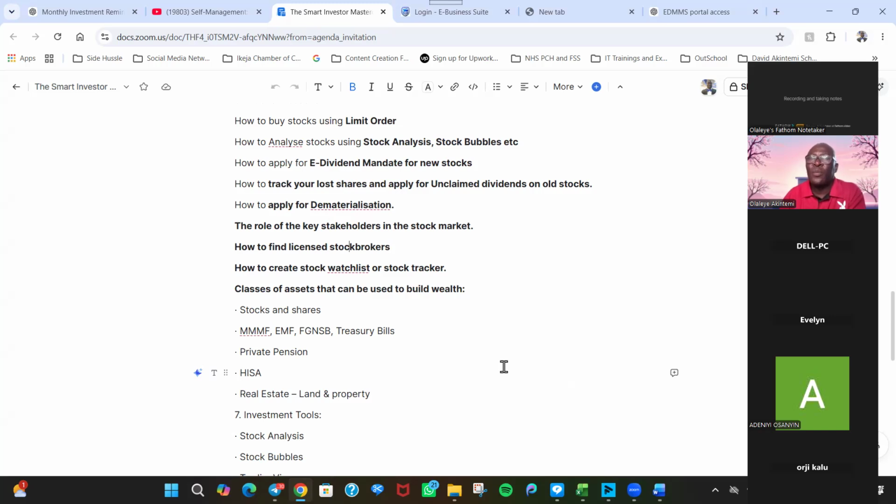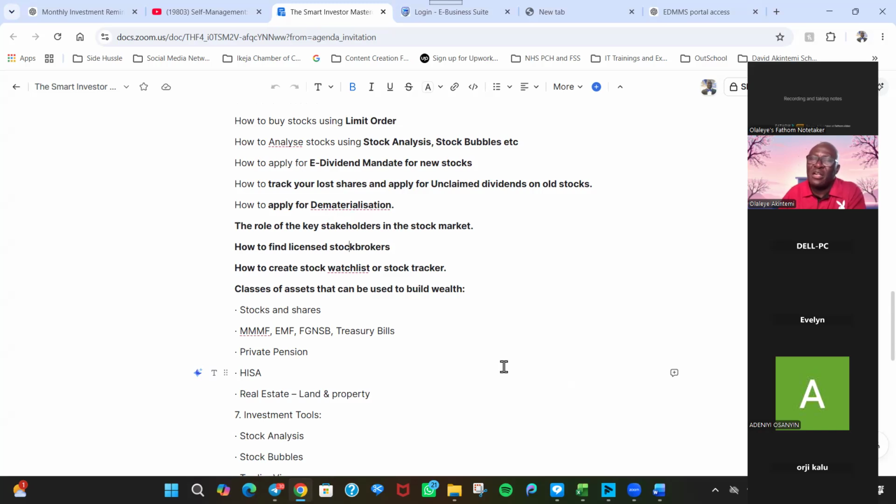Because any stockbroker that you still have to call to help you buy your stocks has not upgraded themselves. Any stockbroker that has a mobile app or website where you can buy stocks, if you call them, they will tell you, go to our website or go to our mobile app.